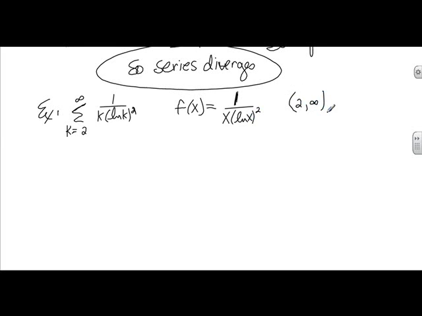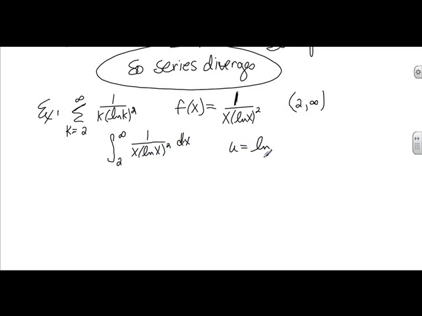We have a continuous function from 2 to infinity. It is decreasing and positive. So we're going to consider the definite integral from 2 to infinity of this function. A little u substitution is going to be necessary. If we let u be the natural log of x, then the derivative of u is 1 over x.